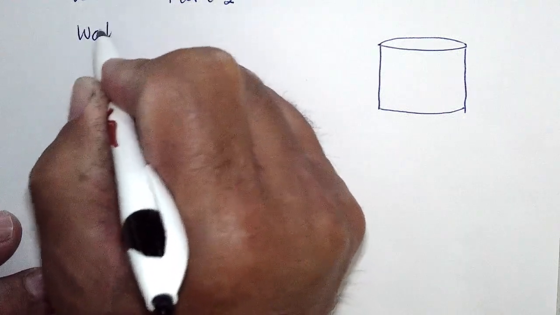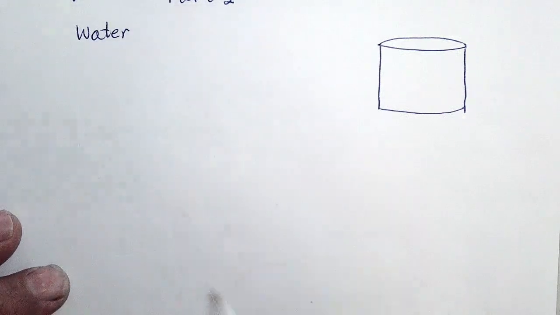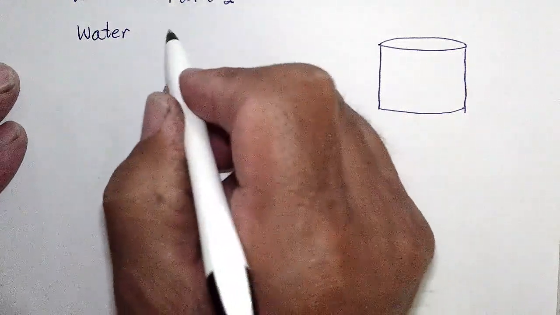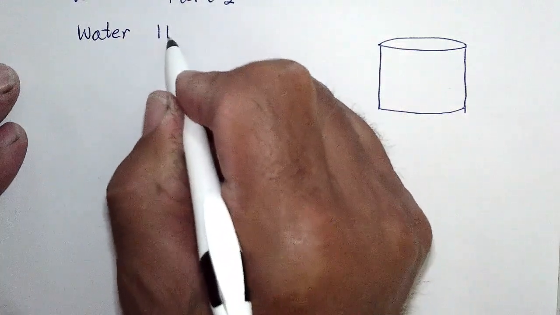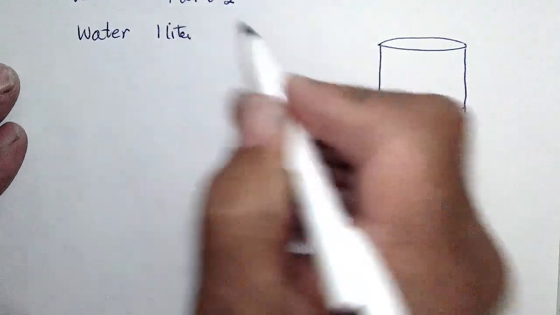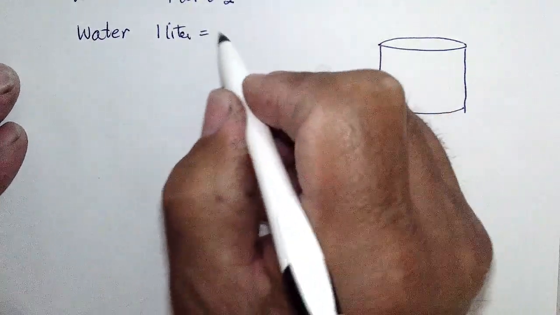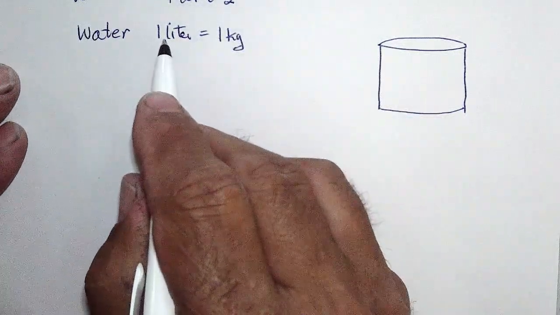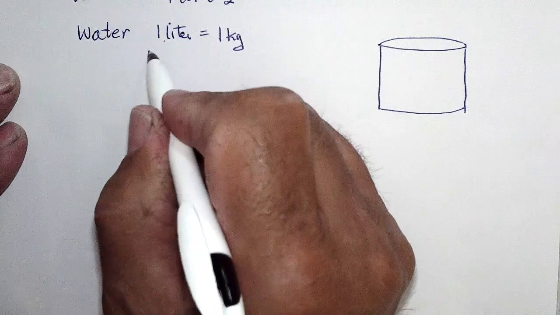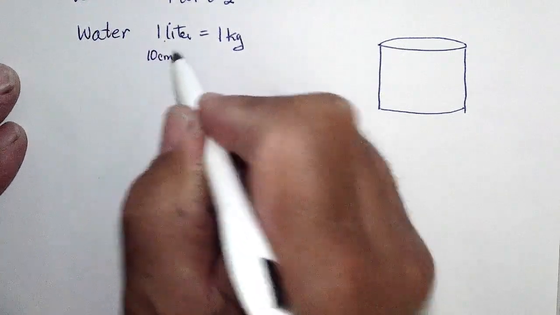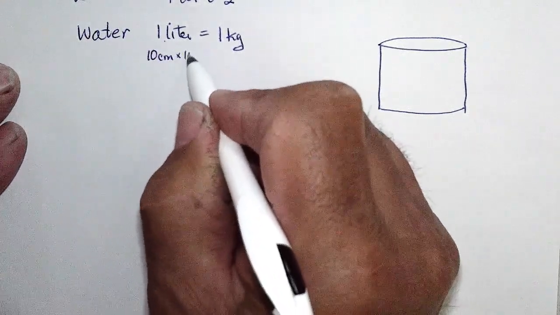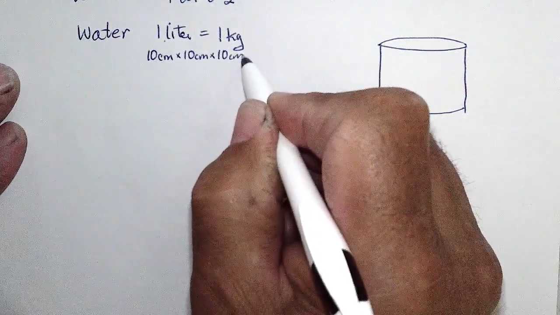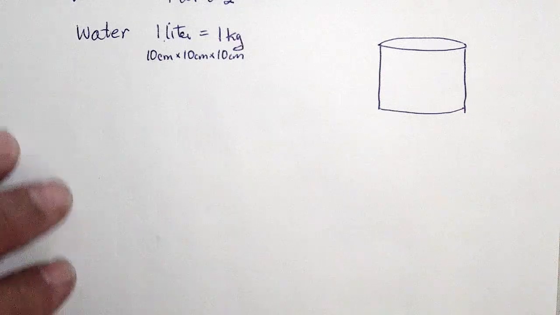And water is a standard in the metric system for density. 1 liter of water has a mass of 1 kilogram, and a liter is 10 centimeters by 10 centimeters by 10 centimeters, or 1 decimeter cubed.